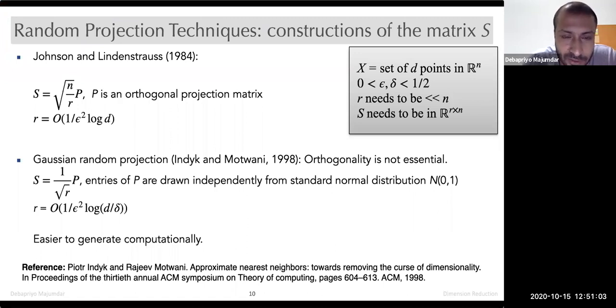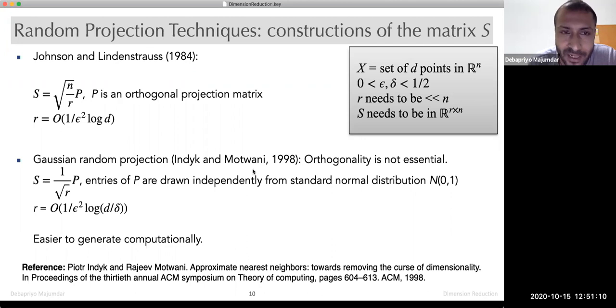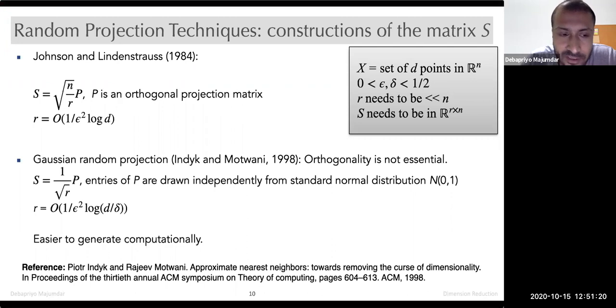Both, as you see, are random matrices with certain conditions. This looks much more random than this, but this is random drawn from a normal distribution, and this is random, but provided that you make sure the matrix is orthogonal. Any question as of now?